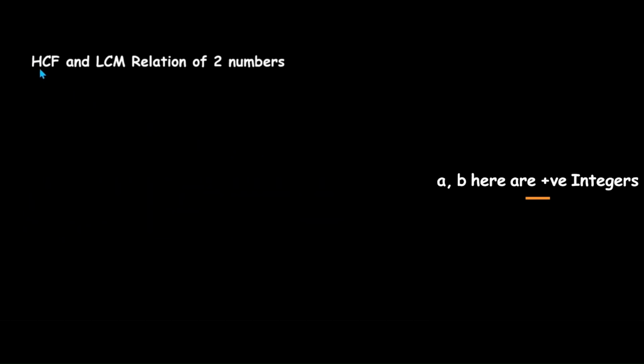And one final point related to HCF and LCM of two numbers is that there is a relation given as: HCF of those two numbers multiplied with LCM of those two numbers is equal to the product of those two numbers. This is a general equation, works for any two A and B's.